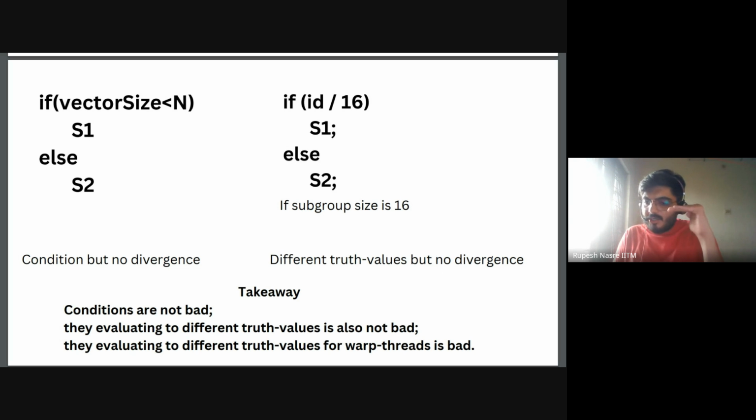It doesn't create any divergence, because if it is not in an if-else block, then every thread will definitely want to execute that instruction, right? So we only have to look at for loops, while loops, or if-else statements, where some threads might want to execute an instruction while other threads might not. Then only it will create the problem.